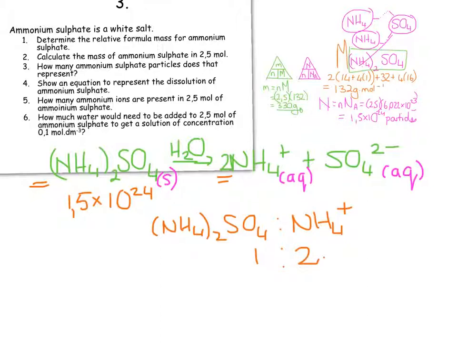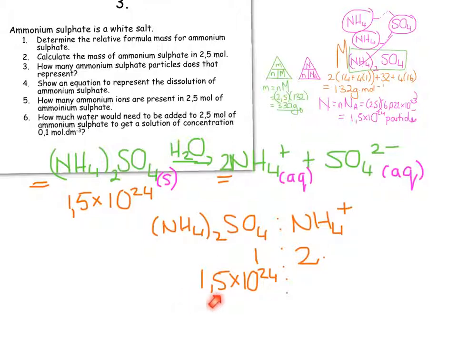So for every 1 particle of ammonium sulfate that I have, I will manage to produce 2 ammonium ions. I don't have 1 particle, I have 1,5 times 10 to the 24. What did I do to the number 1 to turn it into the number 2? I multiplied by 2.